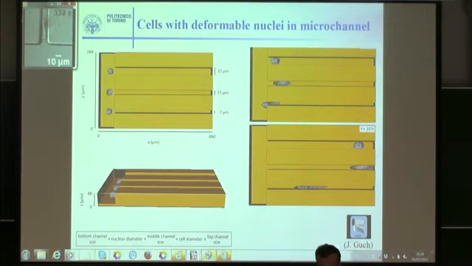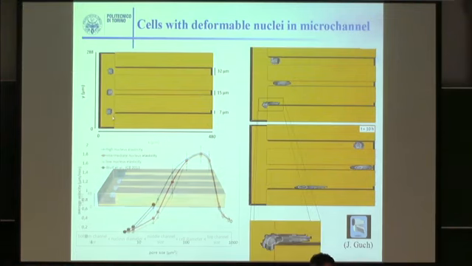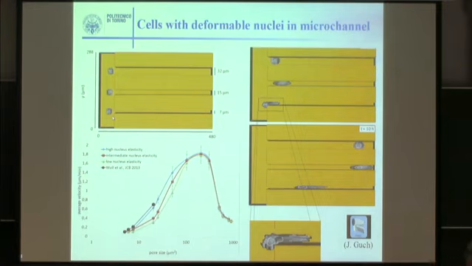Okay, so coming to what we can learn on that. We can do some graphs of the average velocity that the cell has in this microchannel compared to the pore size. There is a threshold, and then it is increasing, and then you have this bimodal behavior.